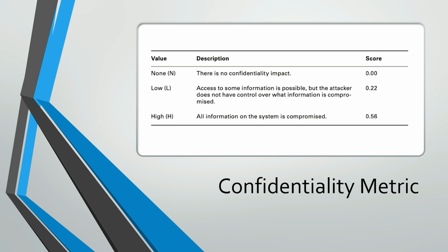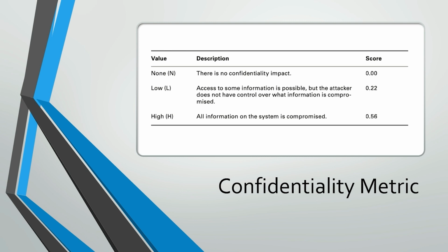Confidentiality metric: no confidentiality impact, to some information is possible, to high, all. Okay. A lot of times I'll see this in accessing passwords and username information on databases, right? If there's no confidentiality impact, if it doesn't compromise user accounts and passwords, we're going to have a low score in this area. Okay. But say it gives you full access to a decrypted version of ntds.dit. Anybody taken their Windows Server course yet?